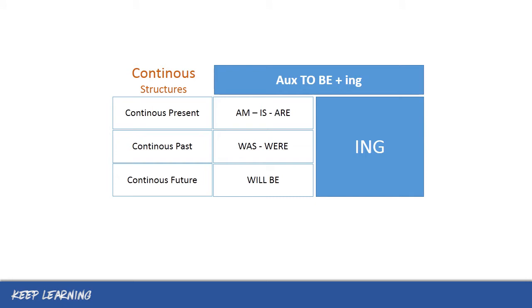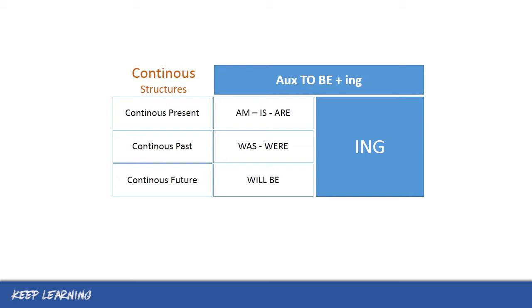Okay, here we have the continuous tenses. In the continuous tenses and the continuous structures, we use the auxiliary to be in its different forms, right? And another verb with the ing form. The continuous present is used with am, is, are.